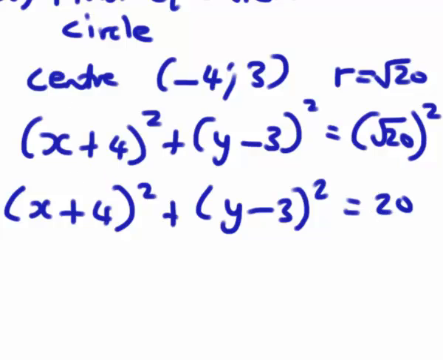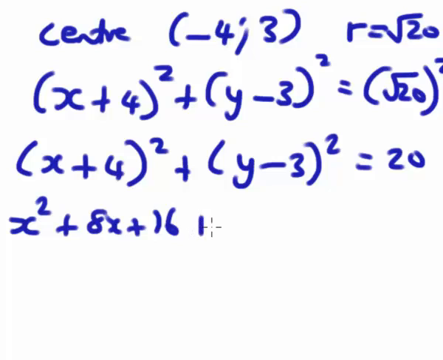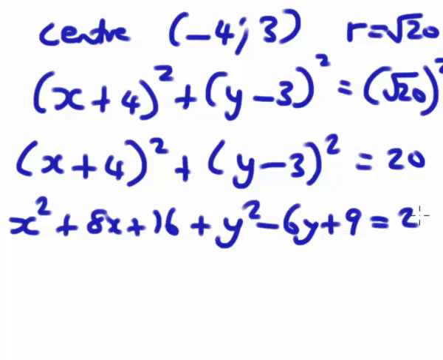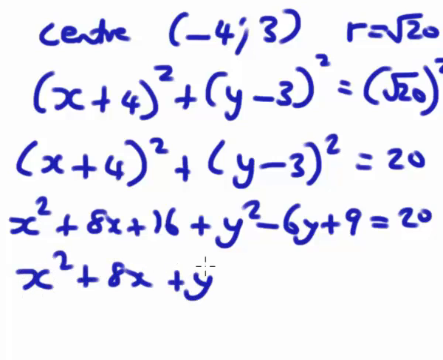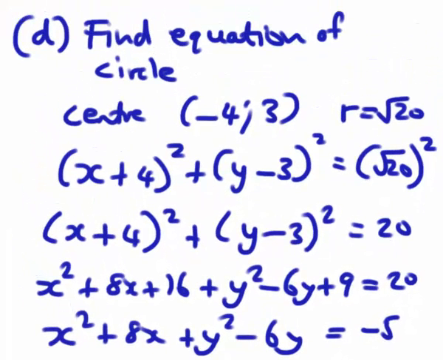Of course, if you wish, you can multiply it out: x squared plus 8x plus 16 plus y squared minus 6y plus 9 is 20. So x squared plus 8x plus y squared minus 6y is 25 minus 20, take it across and you get negative 5. That would be the equation of the circle.